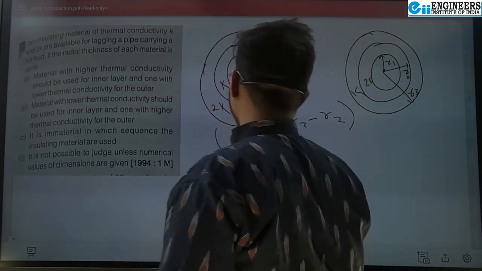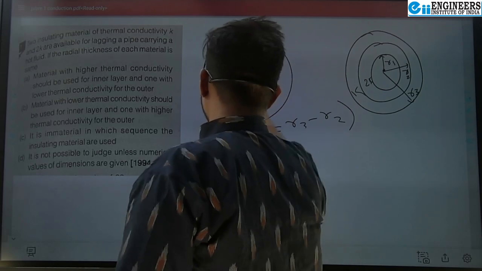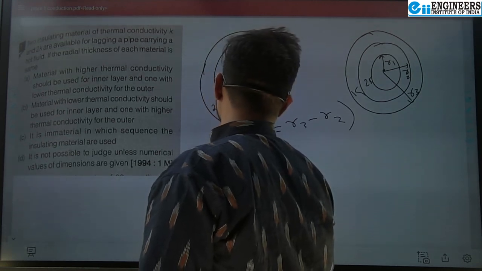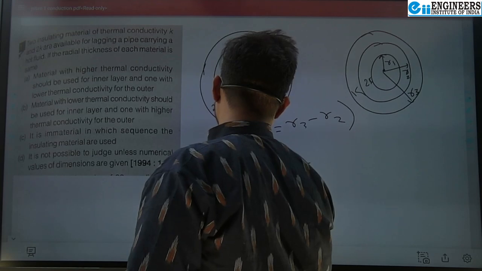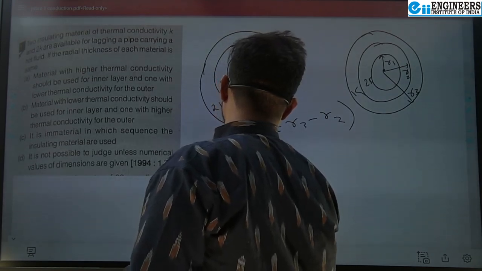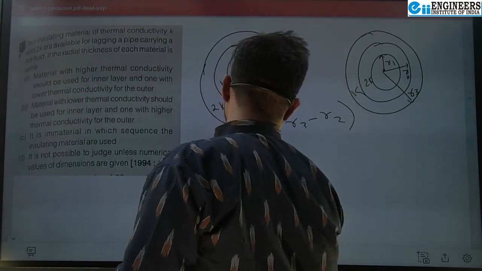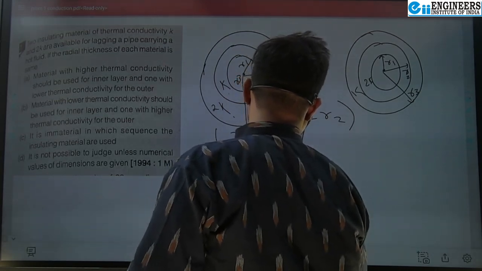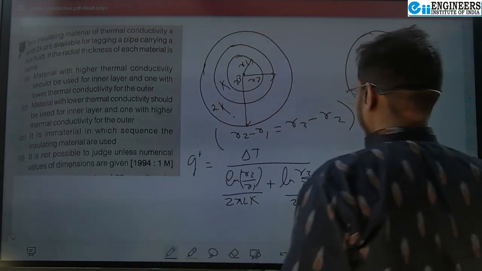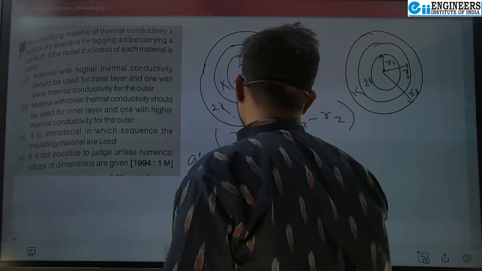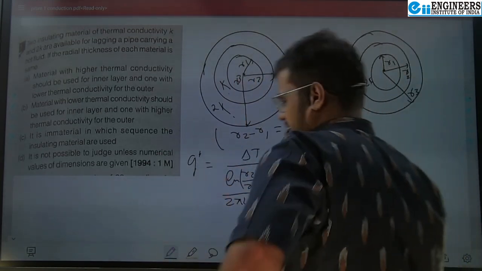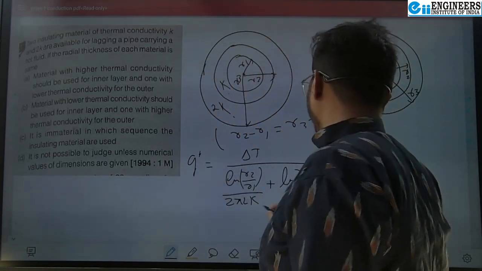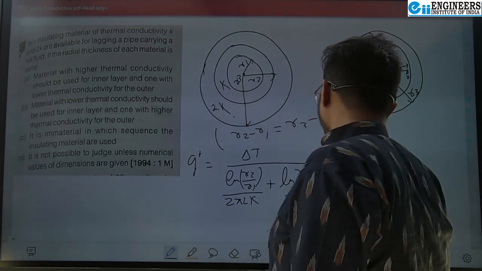Here, as two thermal conductivities are there, the heat flux can be given by delta T divided by ln R2 by R1 divided by 2 pi Lk plus ln R3 by R2 divided by 2 pi Lk, isn't it? So here we can take 2 pi L common, and on one side it will be K and on the other side it will be 2K.